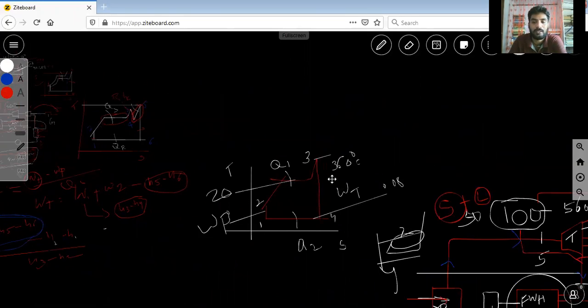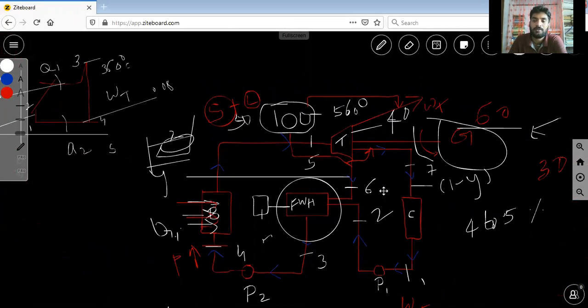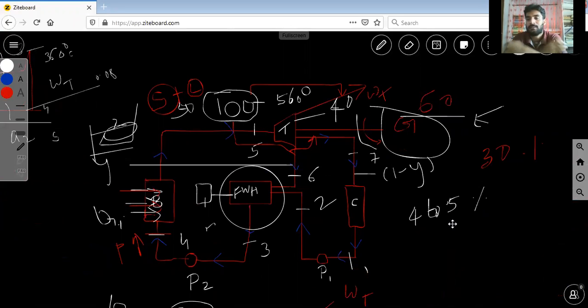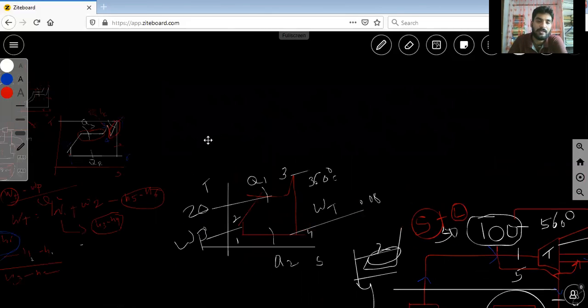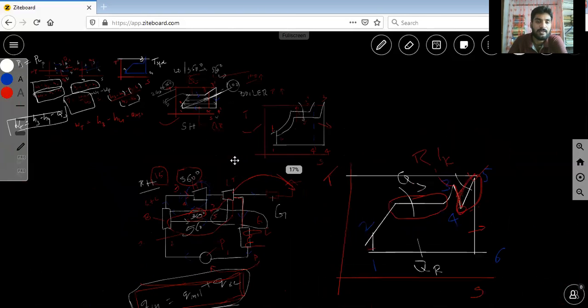Based on that, you observed the efficiency improvement and work output.